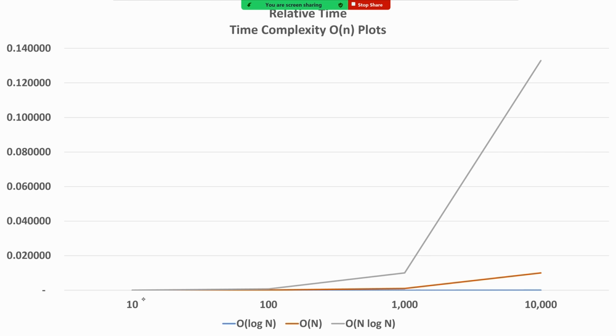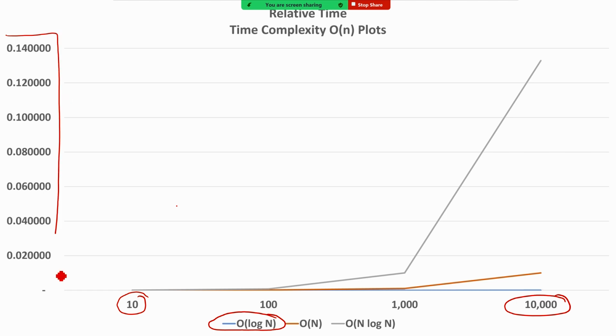If I have n equals 10, my input is 10, what is the amount of time it takes? And if my input is 10,000, what is the amount of time it takes? So for O of log n, it doesn't even register on the scale. If you look at n log n, this is the number of seconds it takes, about 0.14 seconds for n of 10,000.